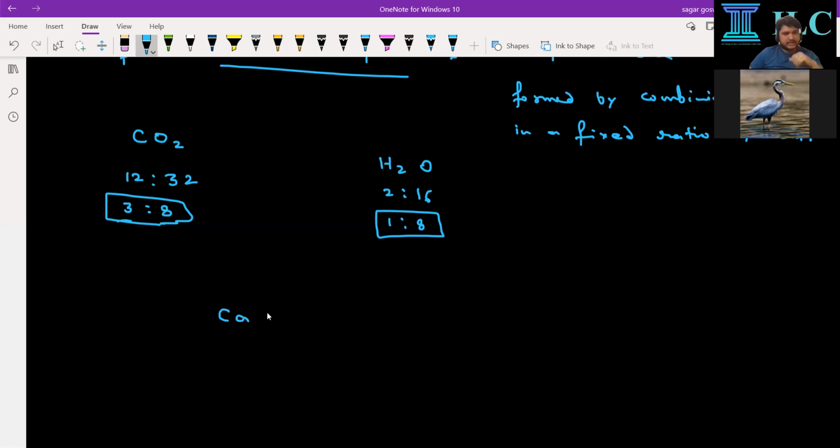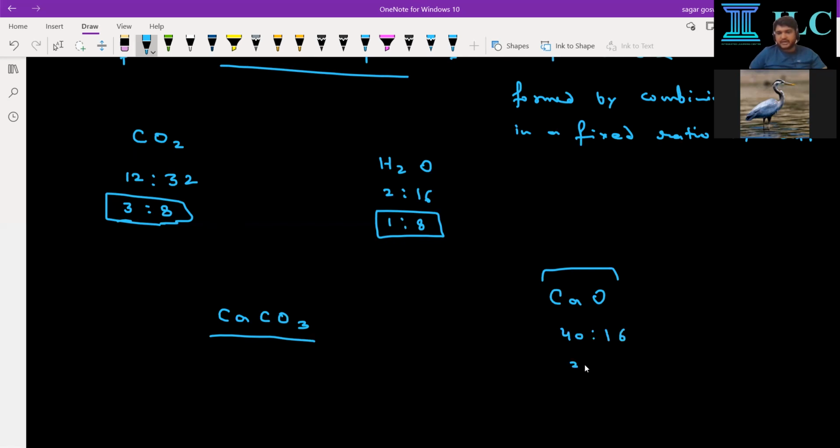Let's take calcium carbonate. Or you can also take calcium oxide. Firstly, tell me about the calcium oxide. Calcium is 40 and oxygen is 16.